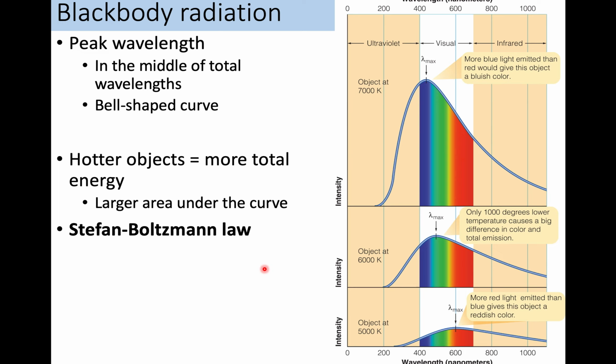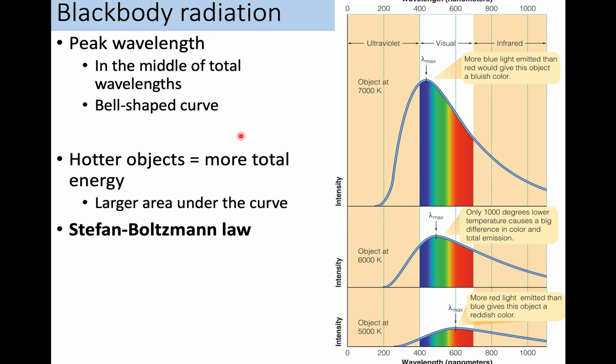So here's another example of an object at 7,000 Kelvin, an object at 6,000 Kelvin, and an object at 5,000 Kelvin, and their respective blackbody curves. The peak wavelength, you'll notice, is always somewhere in the middle of all of the total wavelengths that are emitted. It's never over on the edge because these curves are always bell-shaped.